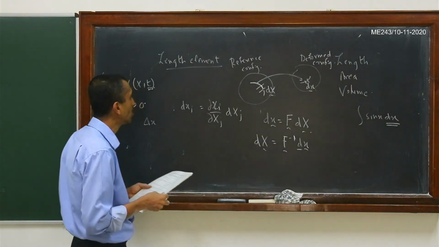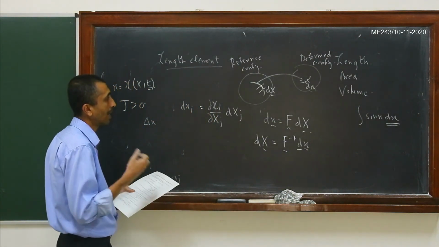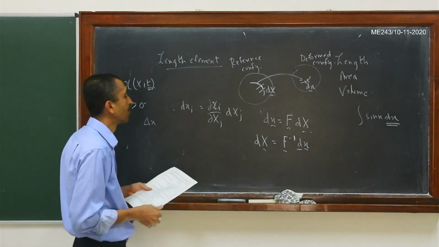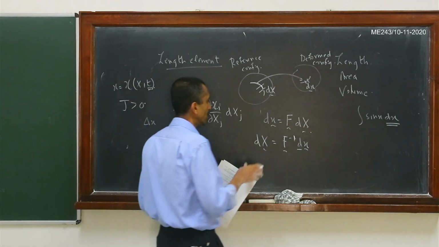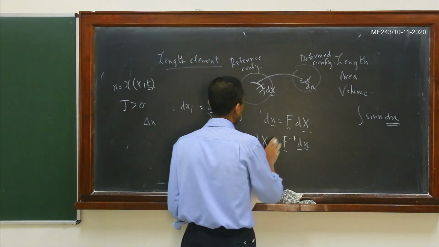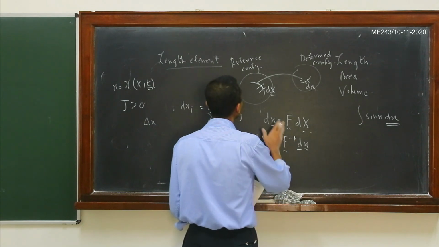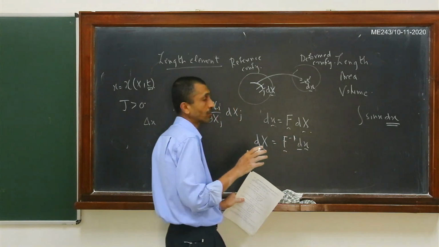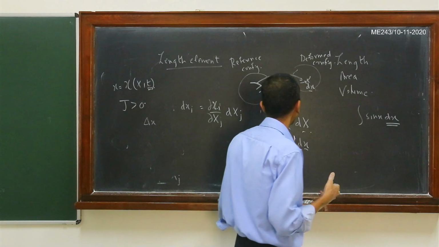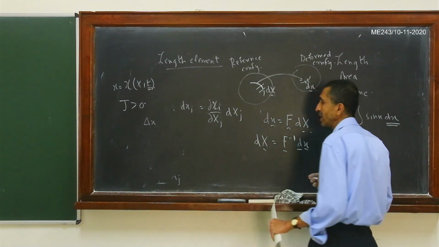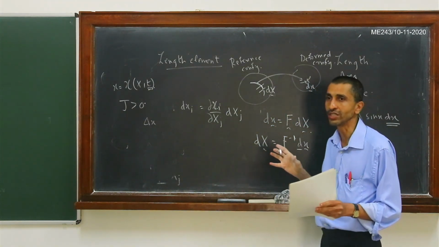In the next class we will use these relations, dx equal to F dX and dX equal to F inverse dx, to define strain measures. The intuitive understanding behind a strain measure is a change in length per unit length.